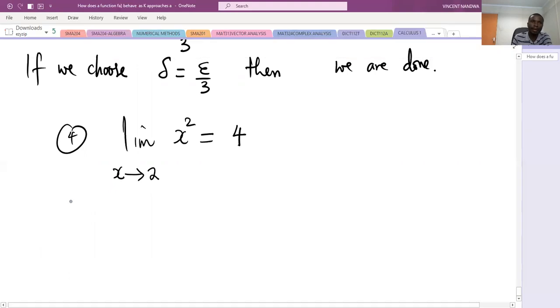So here, as usual, the proof will start as: let epsilon greater than 0 be given.